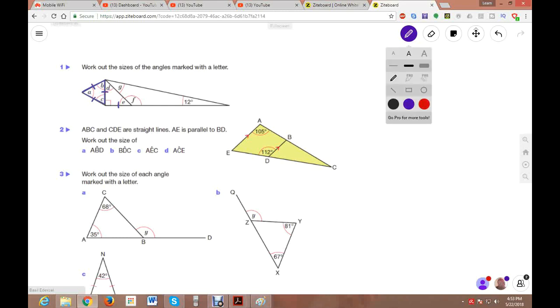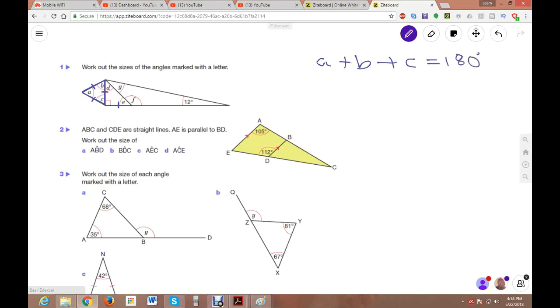So we come to know that angle A plus angle B plus angle C should be equal to 180 because we know that the sum of the interior angles of a triangle is always 180. Since this is an equilateral triangle, all the sides are equal, it means all the interior angles are also equal here.